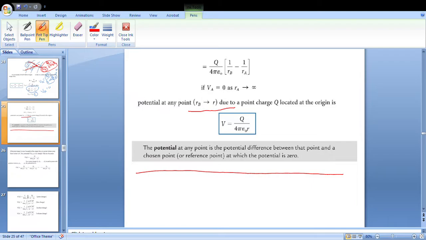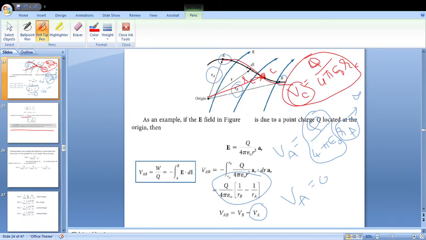The potential at any point is the potential difference between that point and a chosen point at which the potential is 0, right? So how did we start the derivation?